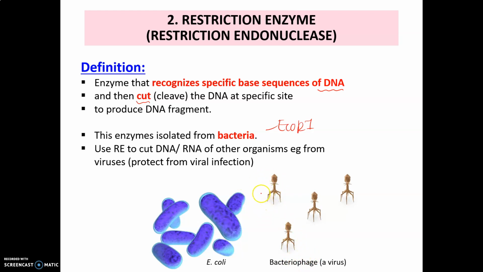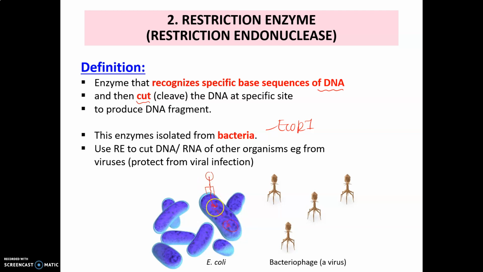This bacteriophage, dia akan datang dekat this E. coli. Apa yang berlaku adalah this bacteriophage, dia akan inject dia punya DNA. Okay, dia akan masukkan DNA dia ke dalam this bacteria, and then dia akan hijack the DNA of the E. coli, and then after that dia akan produce the bacterial protein.